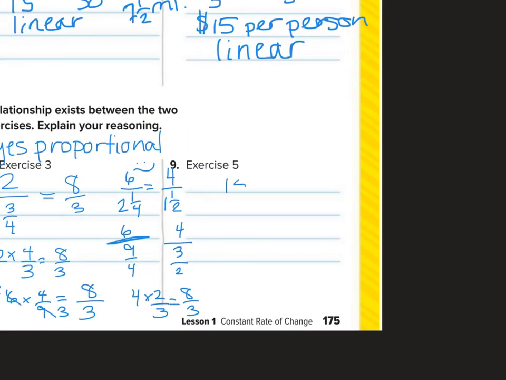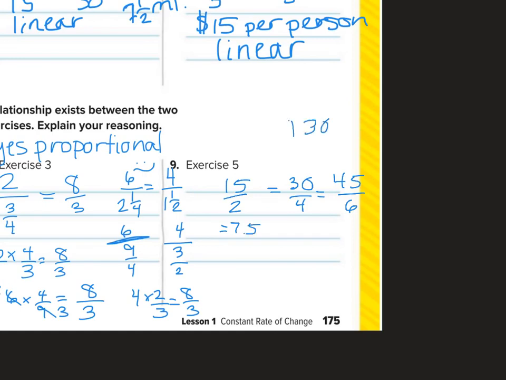So 15 over 2 equals 30 over 4 equals 45 over 6. So if I were to simplify each of these, would I get 7 1/2? This one is equal to 7.5.